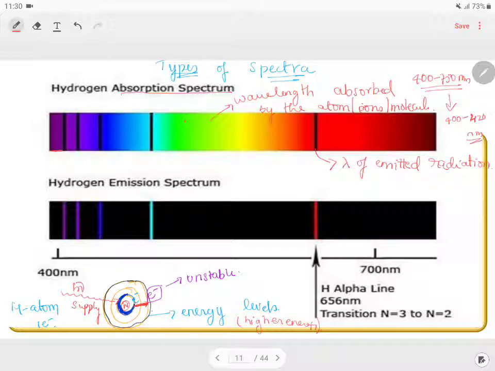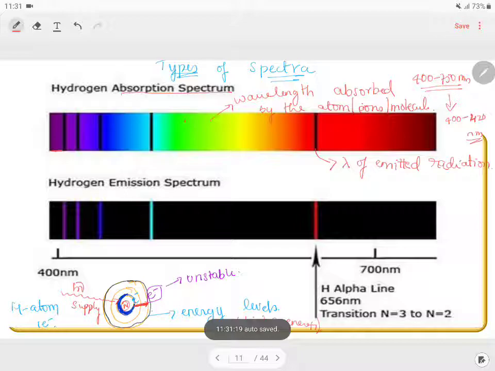You have an electron that absorbs energy. That absorbed energy corresponds to a certain wavelength, or it can be a range also. Those ranges of wavelength appear on the photographic plate. Therefore, in case of absorption spectrum, there are bright bands separated by dark lines.